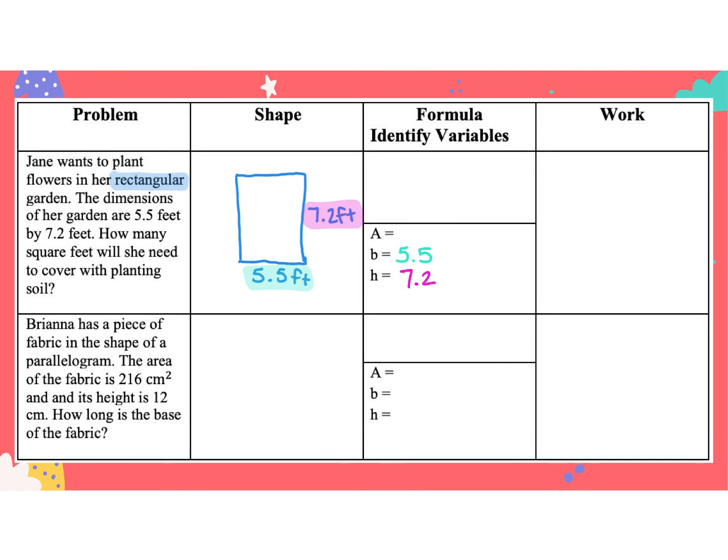So we will be looking for the area of this rectangle. And we will use the formula area equals base times height. So A equals 5 5/10 for our base times 7 2/10 for our height.